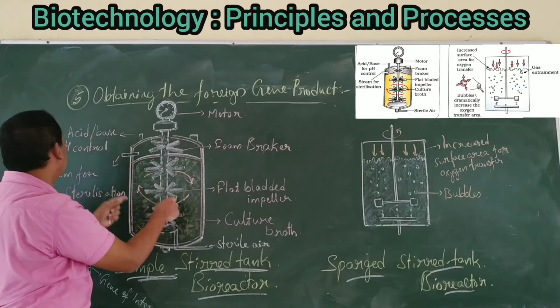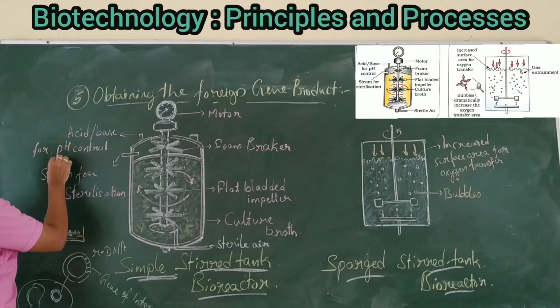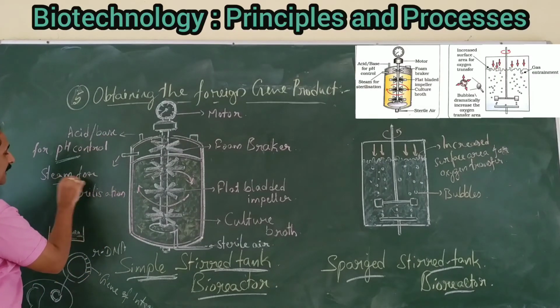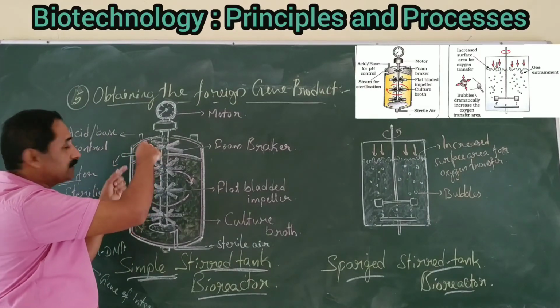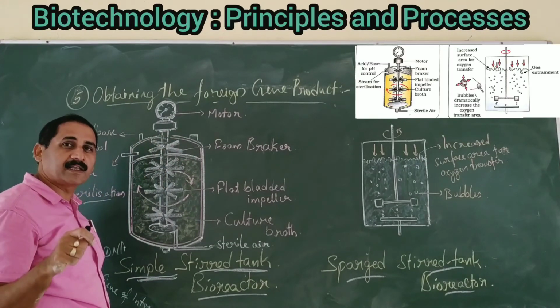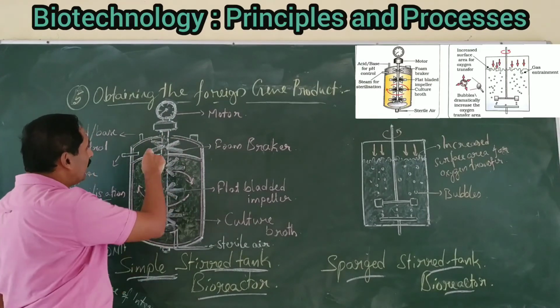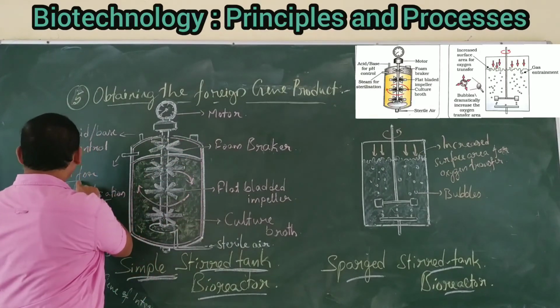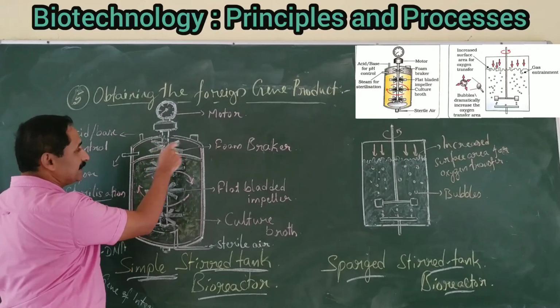It also has a provision to maintain proper pH control, acid base pH control, and steam for sterilization, because there may be entry of some other microorganisms. To avoid the growth of those unwanted microbes, steam is introduced for sterilization.